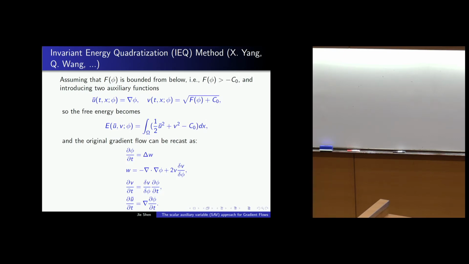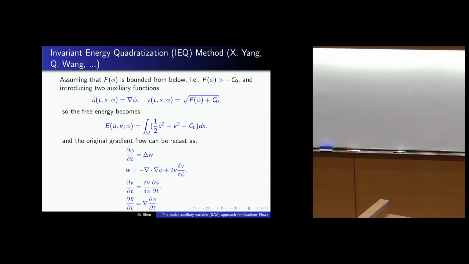So basically, you have your energy. You write your free energy as the sum of squares. So, for example, in the usual free energy, you introduce an auxiliary variable u to be gradient phi, and v equals the square root of f(phi) plus c0, and you want this to be positive, so you need to assume this nonlinear potential to be bounded from below, which is often true, but not always true.